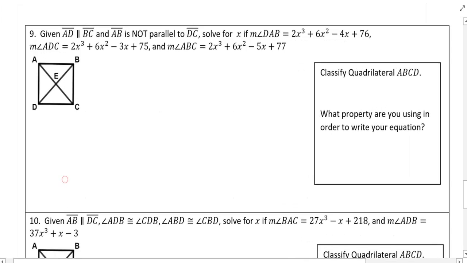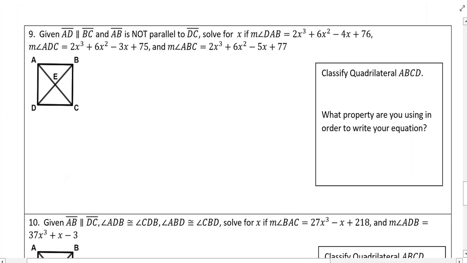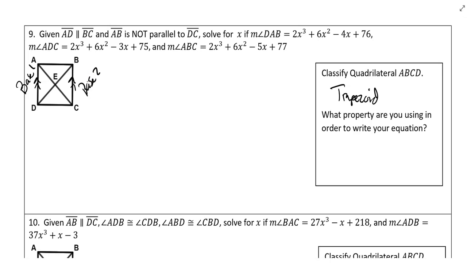Number 9, we have AD is parallel to BC. AB is not parallel to DC, so that's a trapezoid with, call out base 1, this would be base 2, and they're giving information on 3 angles.